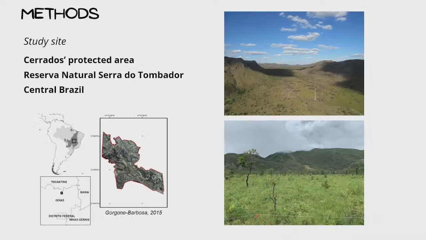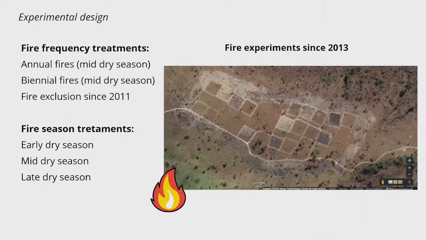For this, we selected an open savanna area for fire experiments in central Brazil. We established plots of fire frequency treatments, annual fires, biennial fires, and fire exclusion since 2011, and plots of fire season treatments burned biennially in the early, mid, and late dry season.